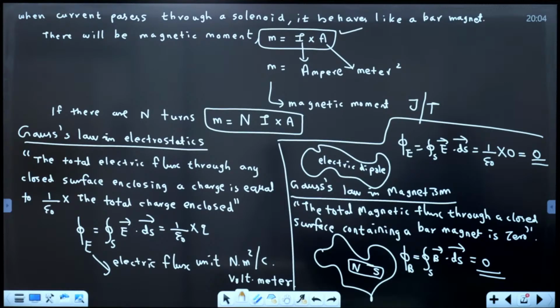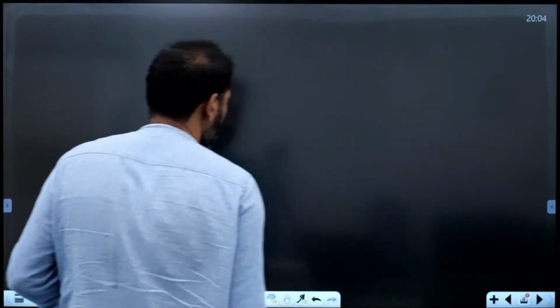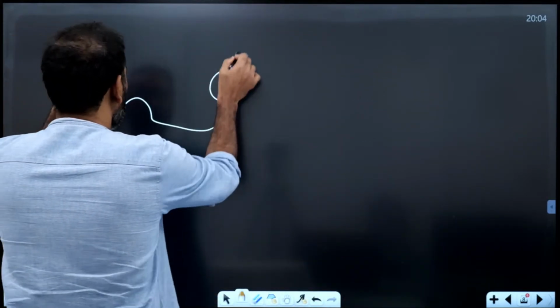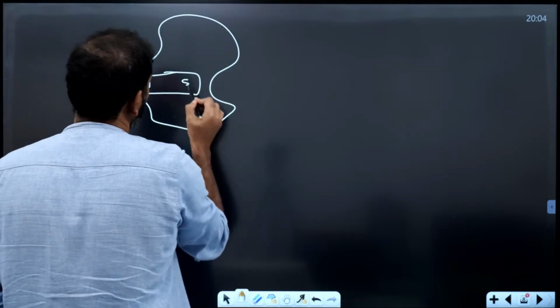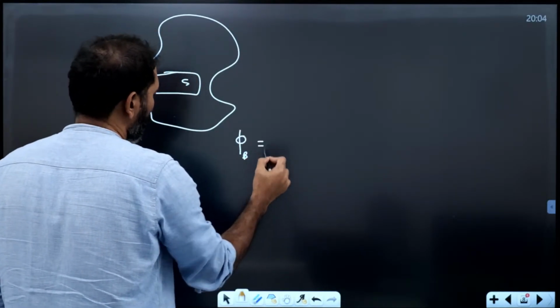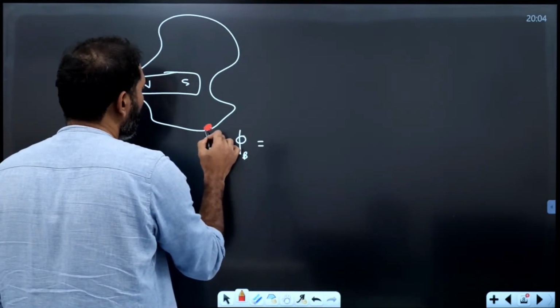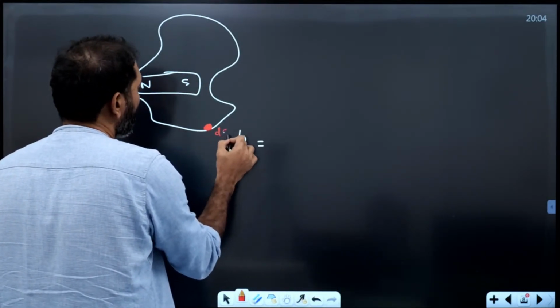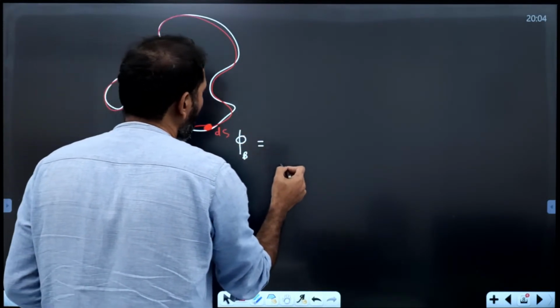Now Anas wants me to repeat Gauss's law in magnetism. See, Anas, suppose it's a closed surface and I have a bar magnet within this closed surface. What will be the total magnetic flux? Find the magnetic flux through a small area dS, then integrate. That is the way to find the total magnetic flux.